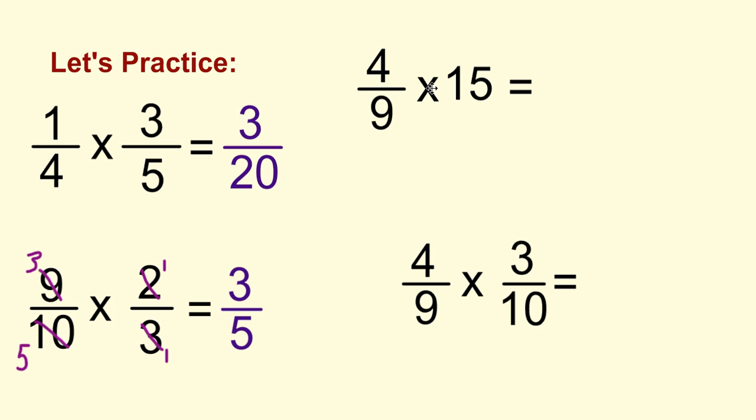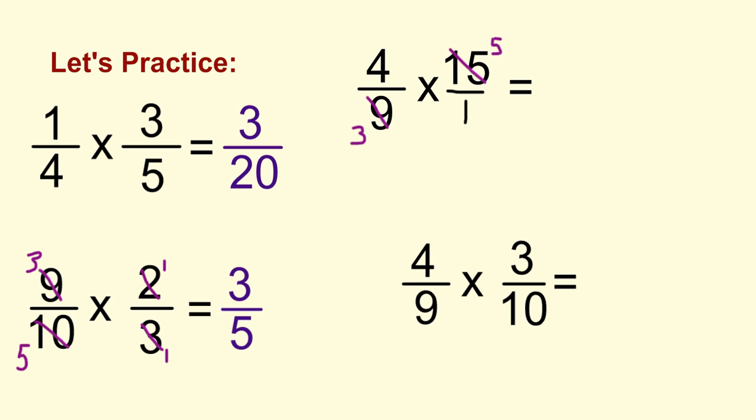What about this problem? Oh boy. When we have a whole number, what we have to do is write this as a fraction over 1. And when we do it, now we can move on to our cross-canceling. A 3 goes into both 15 and 9, so we can factor a 3, and 15 divided by 3 is 5.